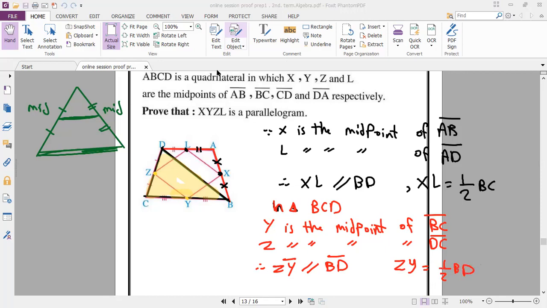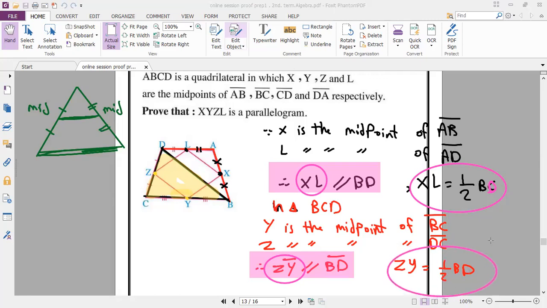So here we have XL parallel to BD, and ZY also is parallel to BD. So both of them, XL and ZY, are parallel to BD. And XL equals half the length of BD, sorry, it's BD here, not BC. XL is half the length of BD, and ZY here is half the length of BD.